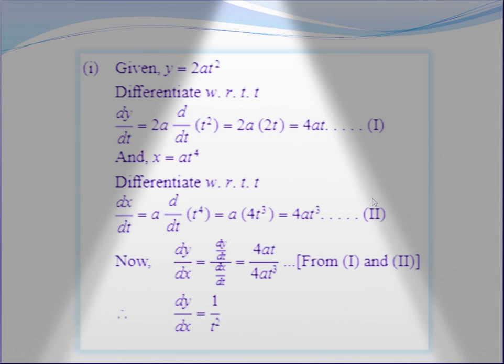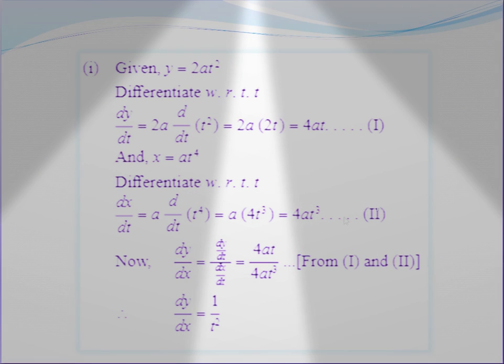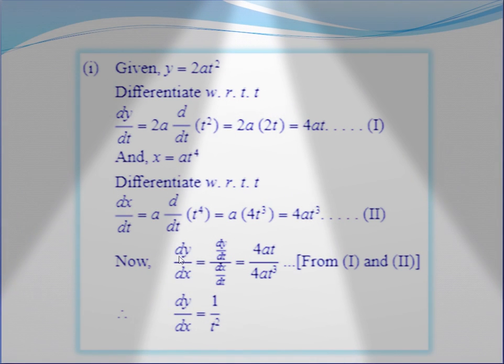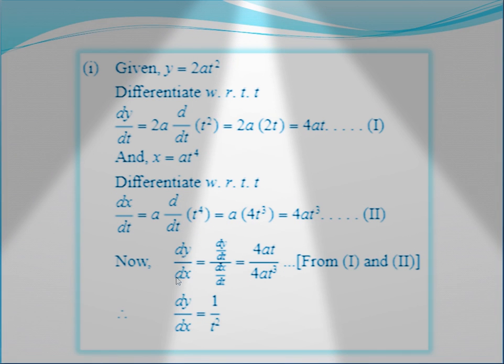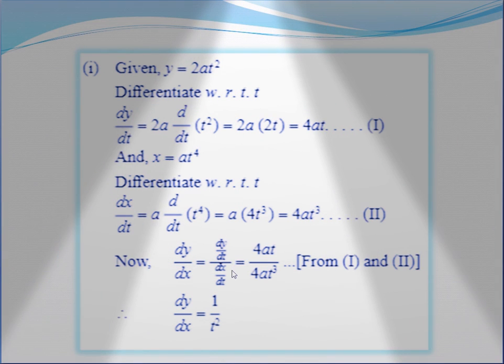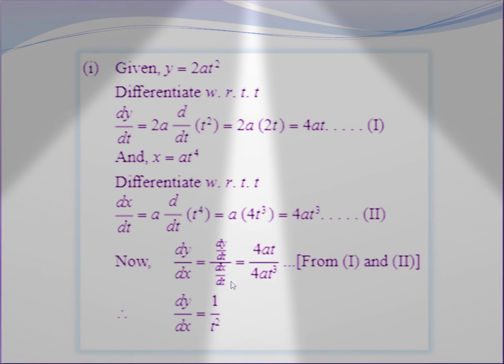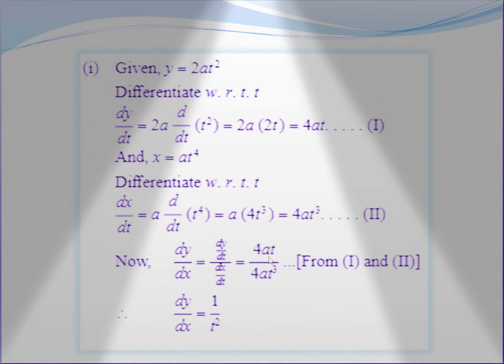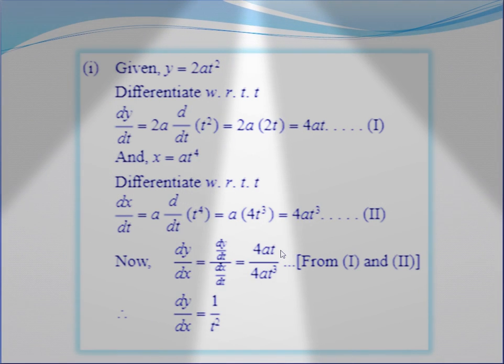Say this as the equation number second. Now we know that the parametric rule is dy upon dx is equal to dy upon dt upon dx upon dt. Now put the values of dy upon dt and dx upon dt from equations first and second.